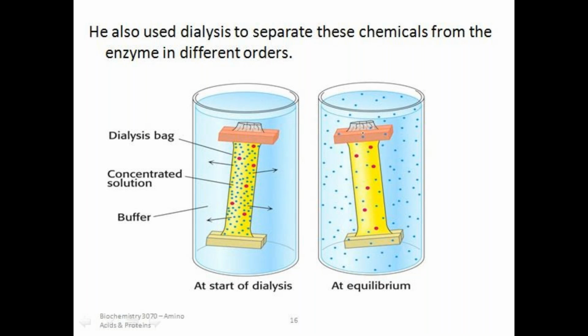Yeah, beta mercaptoethanol breaks the disulfide bonds in proteins, whereas urea, good Shalini.